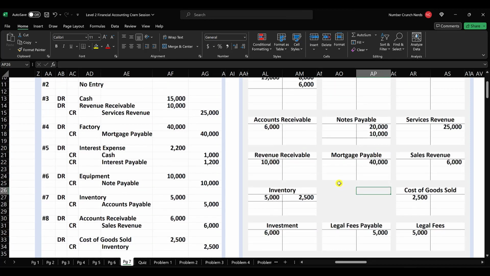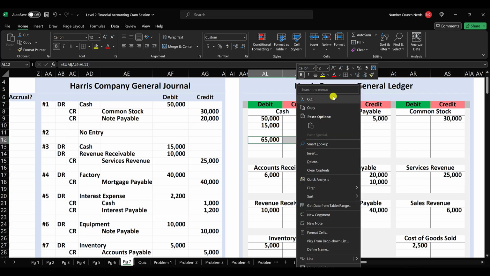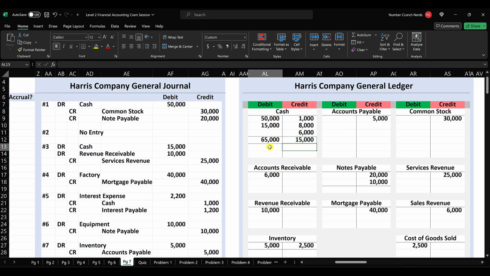So if there are several like this, the first thing we're going to do, in any T account, is sum up all of the balances like this. I'm going to sum up both sides. Then I'm going to put another line here to show we're doing a calculation, and I'm going to take the larger number and subtract the smaller number, and that is going to be the balance in the account right here.